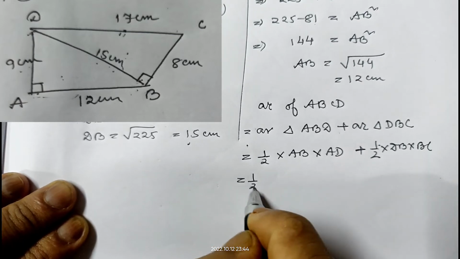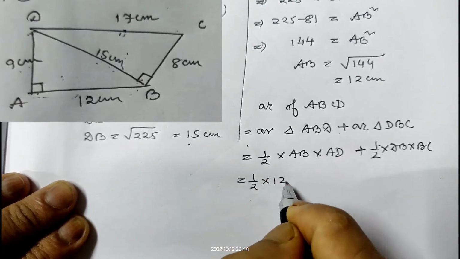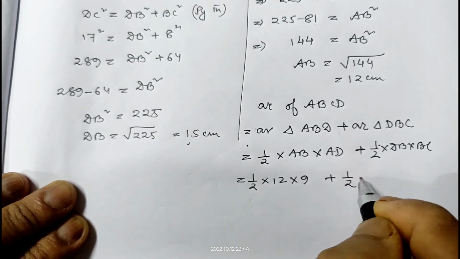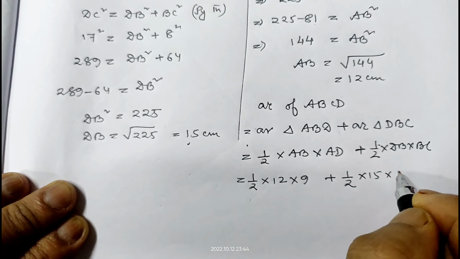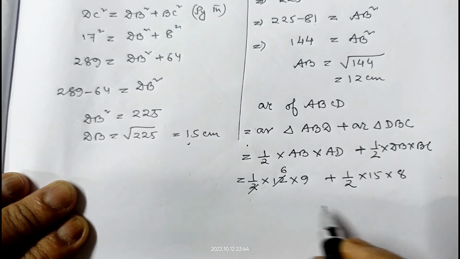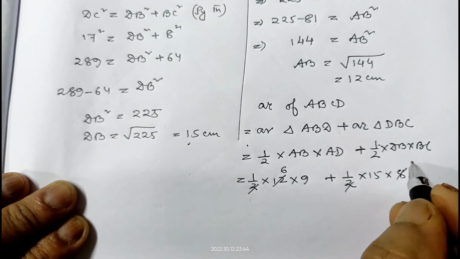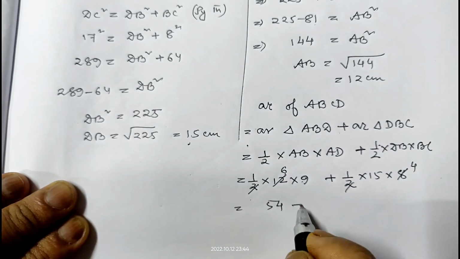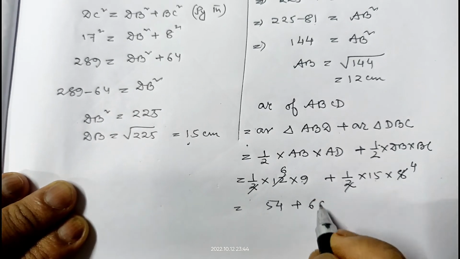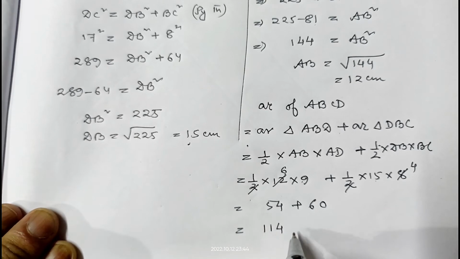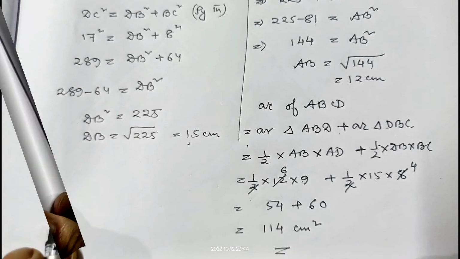Now half, AB is 12 centimeters, AD is 9 centimeters, plus half, DB is 15 centimeters and BC is 8 centimeters. This 2 and 12 can be cancelled, we get 6. 2 and 8 can be cancelled, it will be 4. 6 times 9 is 54 plus 4 times 15 is 60. 60 plus 54 will give 114. So 114 centimeter square is the area of the required quadrilateral.